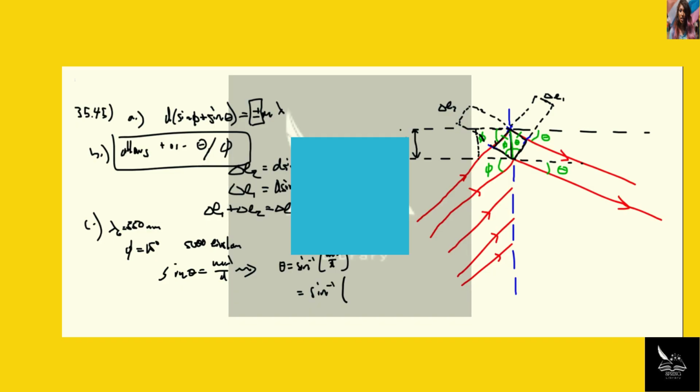Okay, so this is for the normal diffraction grating. But we just figured out that we needed to replace it with this, so I'm going to erase what I have here.